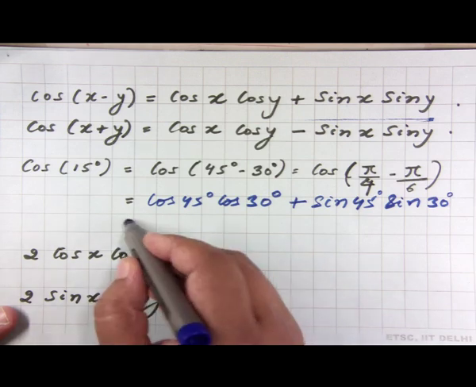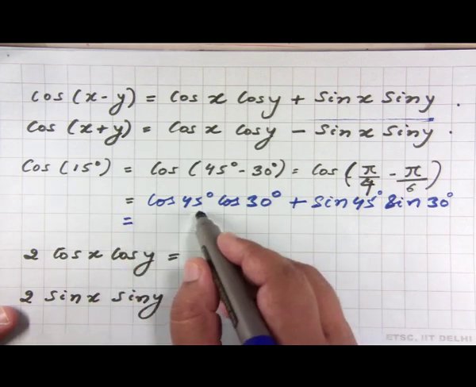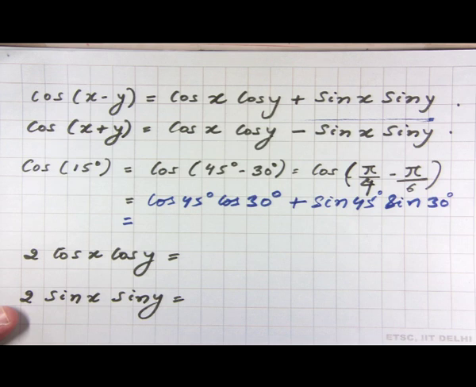and this of course is equal to, cos 45 is equal to 1 by root 2 and cos 30 is equal to root 3 over 2.